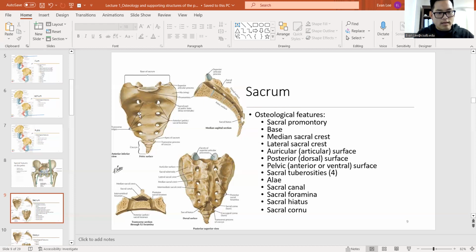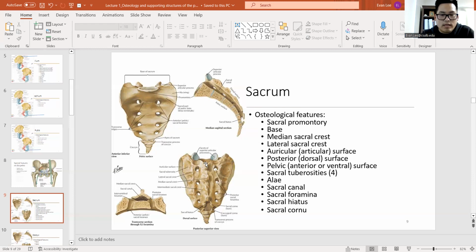Now this is the anterior view where it's relatively smooth, but the posterior side is where it gets rough and bumpy. And this is where we'll see some significant bumps, which is where a lot of stuff is going to connect. And in the middle right here, this is going to be called the median sacral crest.